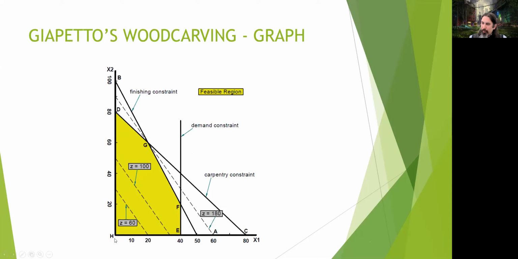For each of these 5 points, 1, 2, 3, 4, 5, there's even a 6th point here, but it's not in the feasible region. There's a 7th point, 8th point, 9th point, but they are not in the feasible region, so they don't count. Only 5 points are on the feasible region. So you can find the solution for each of these 5 points and then just compare which one is higher. That's a way as well, but this is easier.